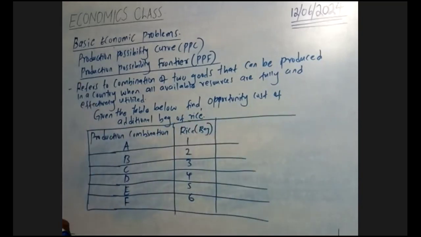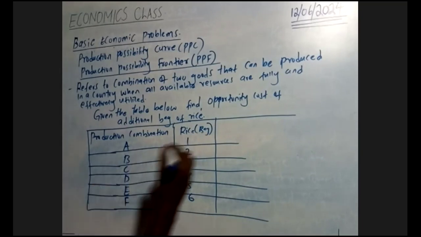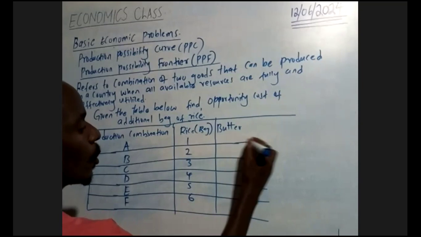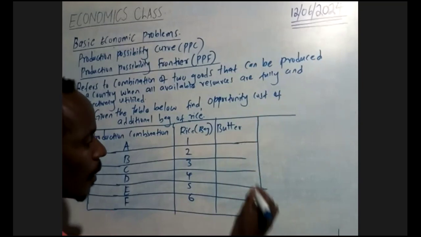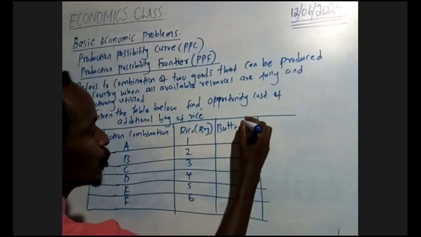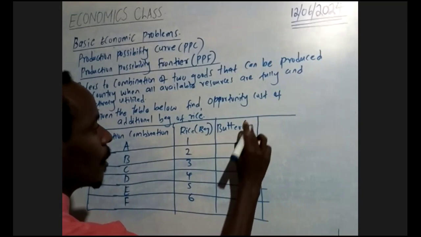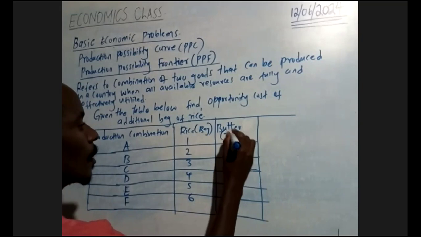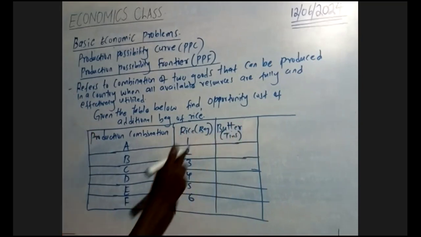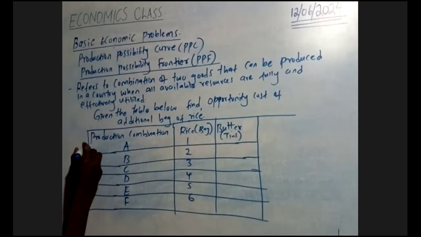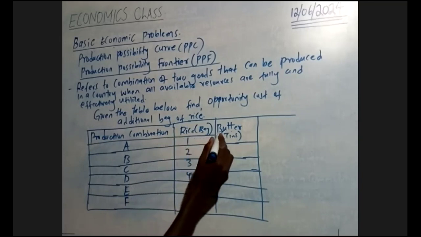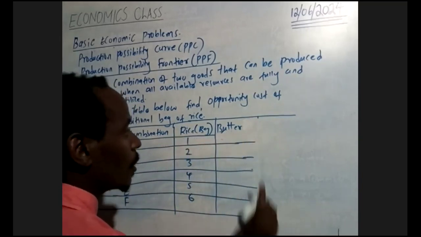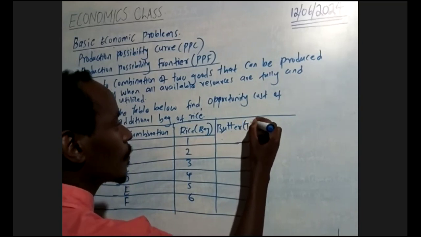And then next we have the two goods, ni either rice or butter. The butter is produced in tins. And then the rice is produced in bags.